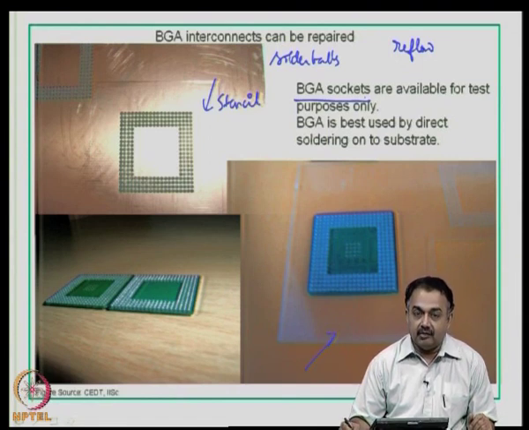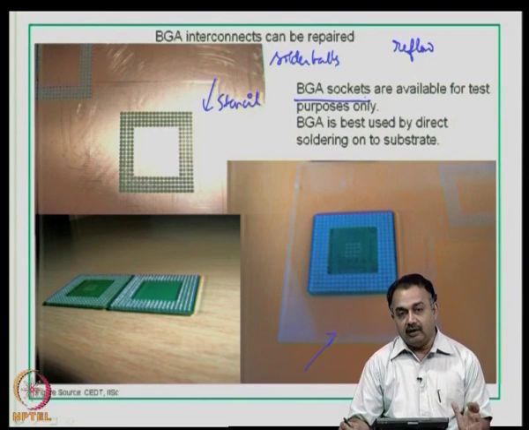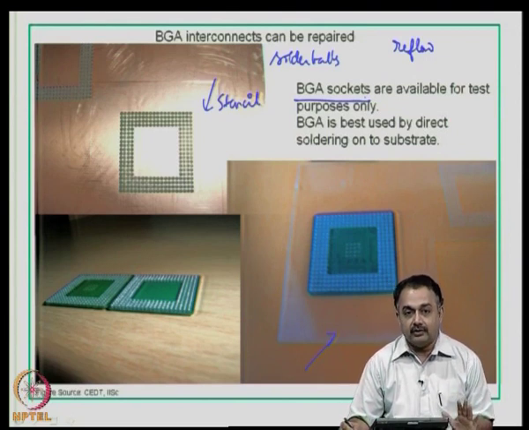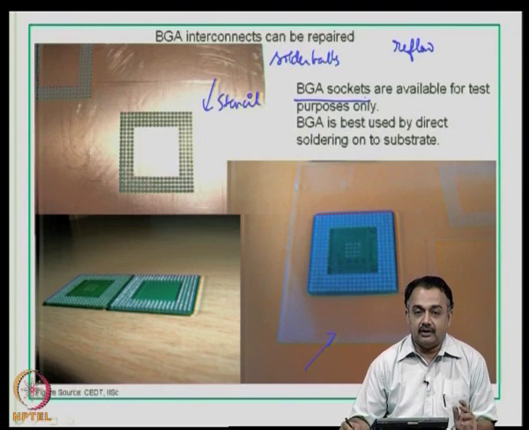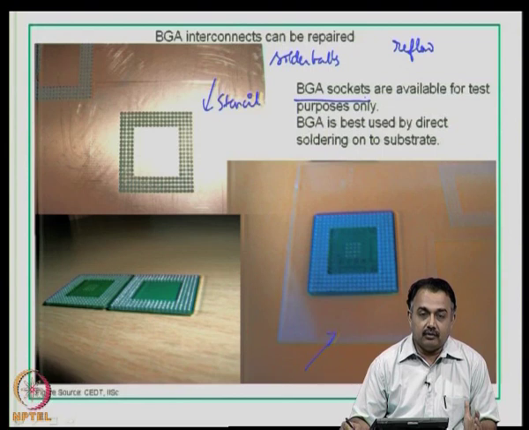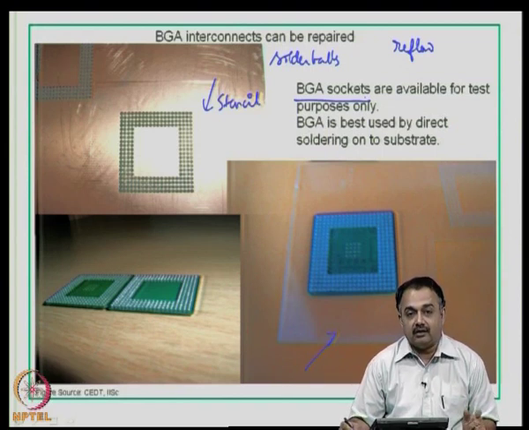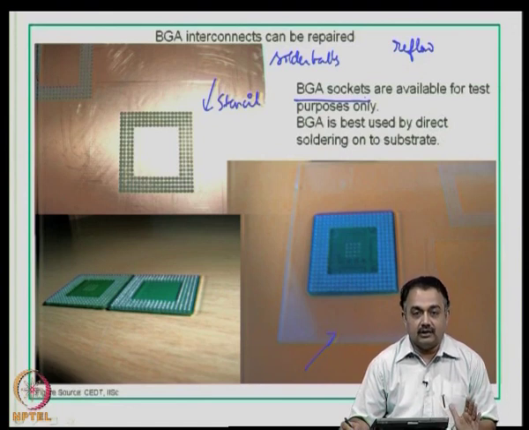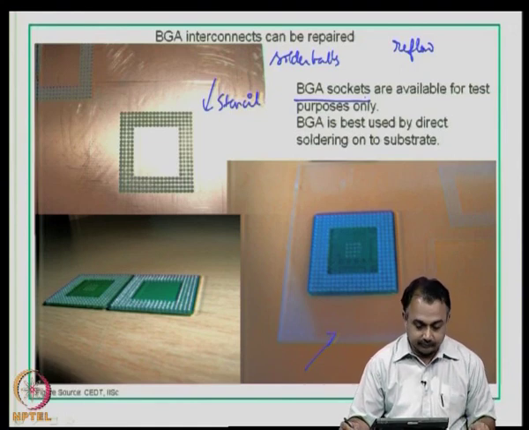BGA sockets are available in the market, but these are used for test purposes only, for prototyping, but for actual volume manufacturing we normally do not use a BGA socket because it is heavy, it occupies more space on the board, although repair and rework could be easy, but today the technology of assembling a BGA device on a board is well established, yield is close to 99% or more, and if you know the right technique of repairing and rework, you still can make perfect BGA interconnections.